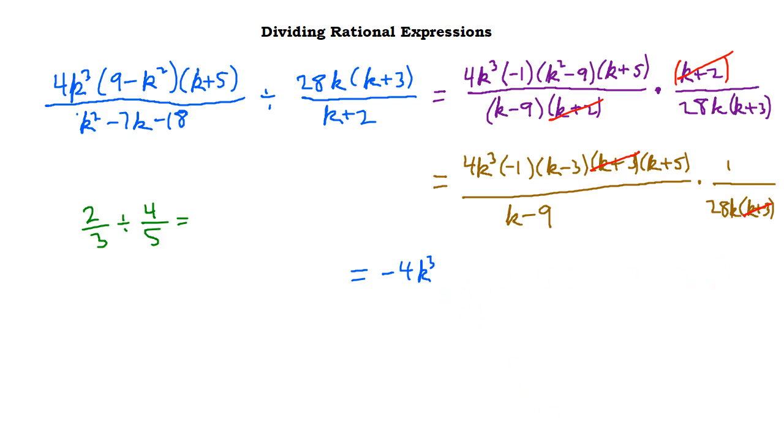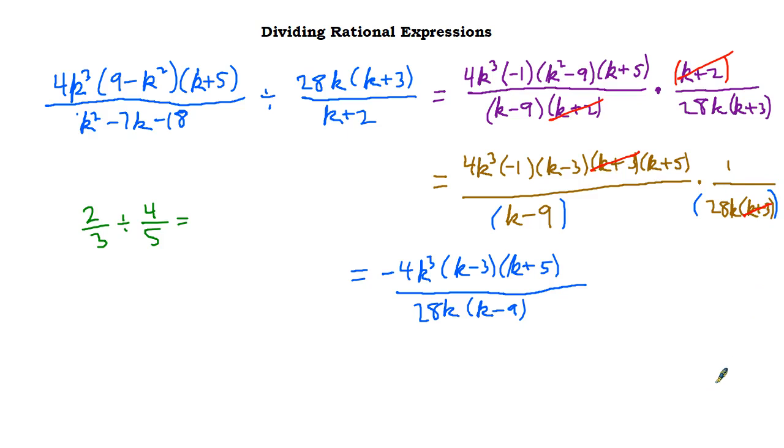And now that I've done that, I can do k minus 3 times k plus 5. And that will still be all over, I'm going to take that 28k and put it out in front, and that'll be times k minus 9. And again, there should have been implied parentheses here and here. That's why the 28k is just times k minus 9, and we can put it right out in front.